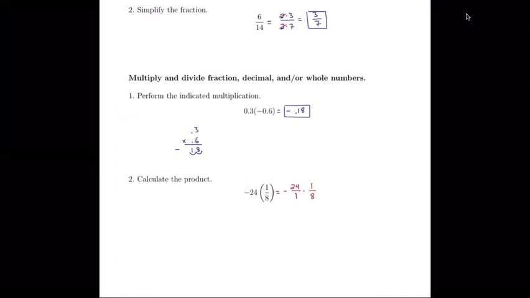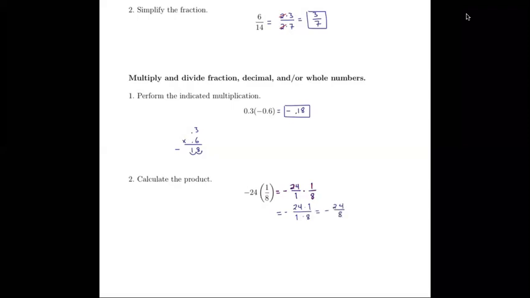The reason we do that is because multiplication with fractions is numerator times numerator over denominator times denominator. So that's top times top divided by bottom times bottom. So negative, it's 24 times 1 over 1 times 8. So we end up with negative 24 over 8.